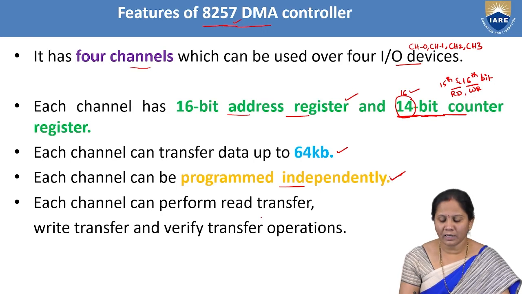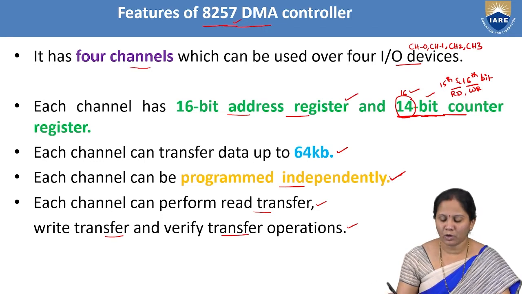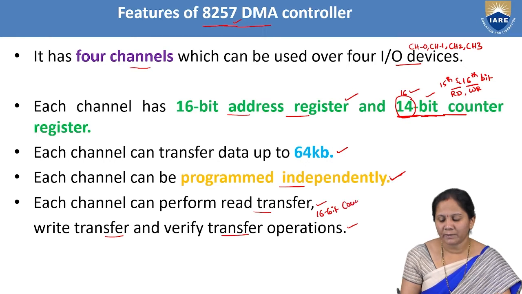Each channel can perform read transfer, write transfer and verify transfer operations. How can these be done in each channel? In each channel we have this 14-bit counter register, which can also be called a 16-bit counter register.